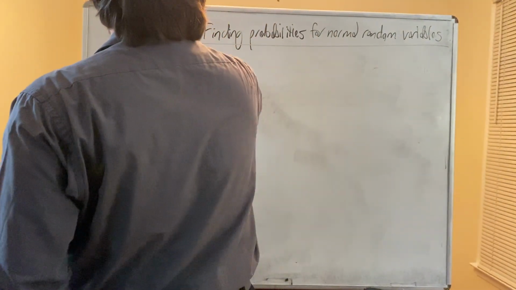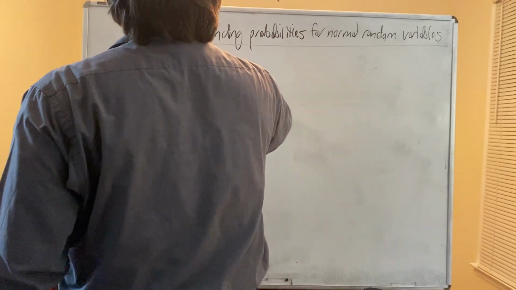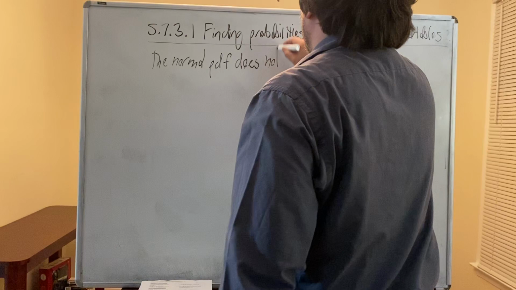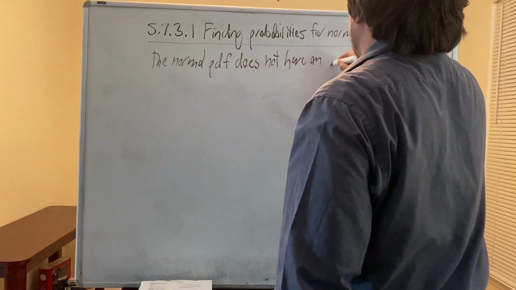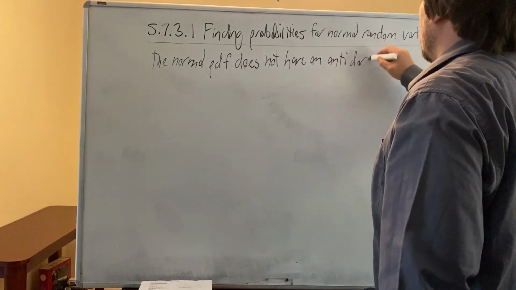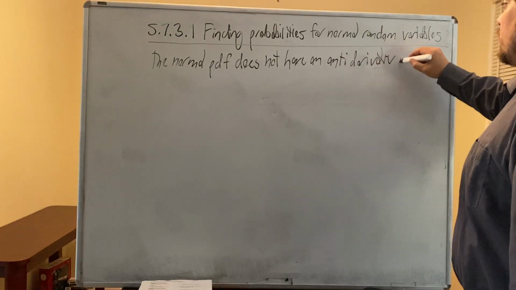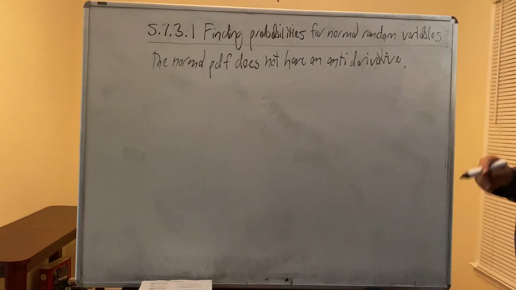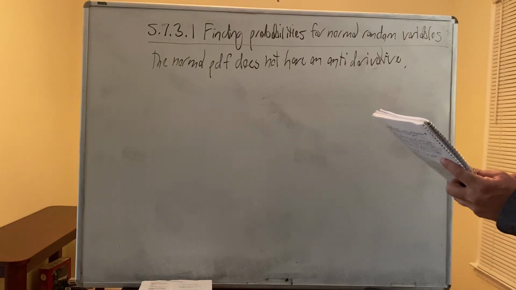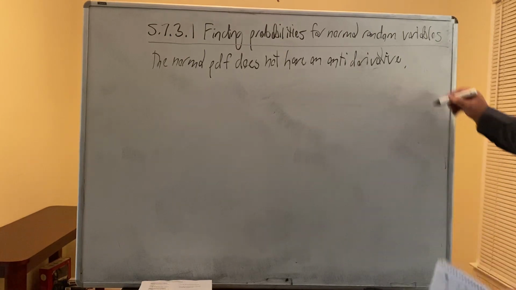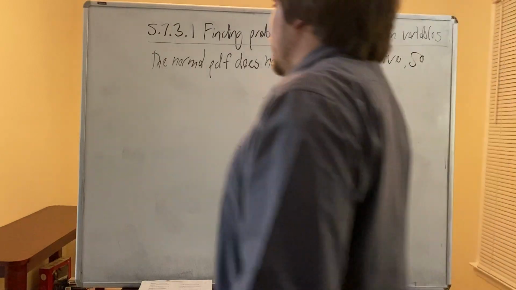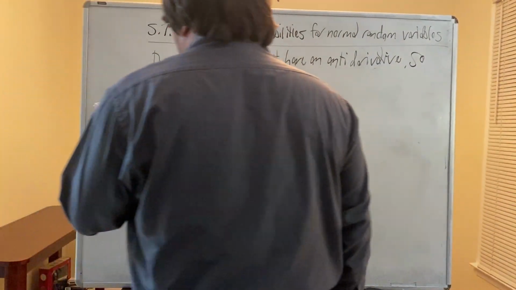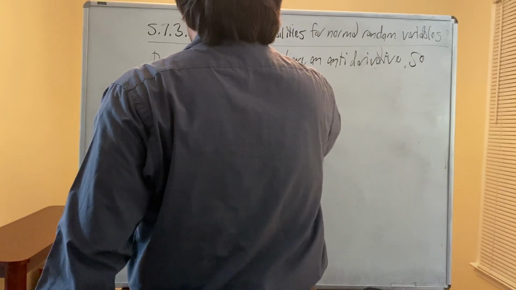Okay, so the first important thing to point out is that the normal PDF does not have an antiderivative, so we rely on tables for its values.